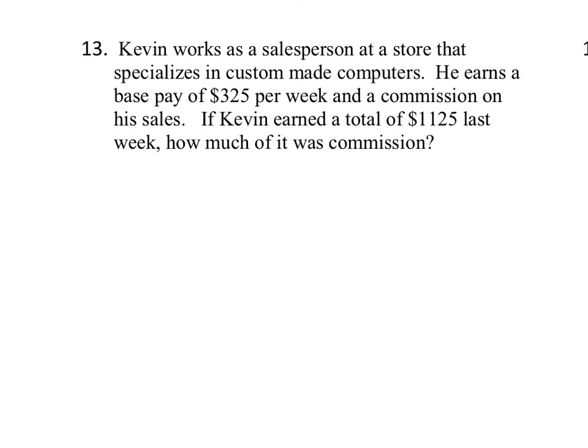So we want to be very good readers. Mentioned that he earned a base pay of $325 per week plus a commission, and it told us what his total earnings were. The question was, how much of the earnings was commission? Notice they didn't say commission rate. They just wanted to know how much of the total earnings was commission.